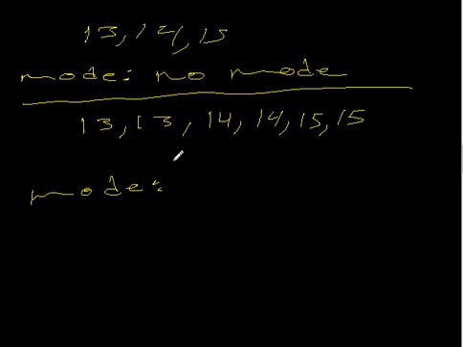No mode because they all occur the same amount of times. And Javier, were you going to say the same thing? Yeah, absolutely. You could say these occur the same amount of times, so there's no mode. However, they occur more than one time. So since all of these values occur more than once, I'm going to just throw something else into this.